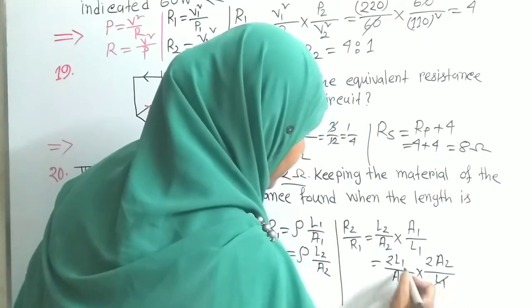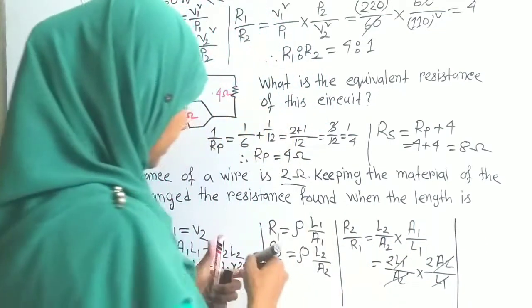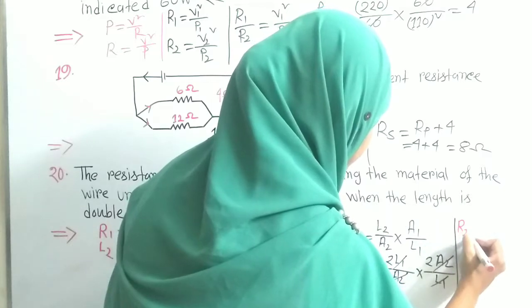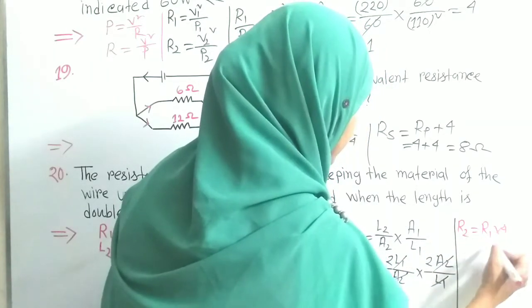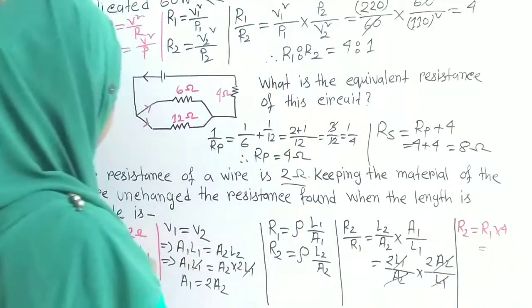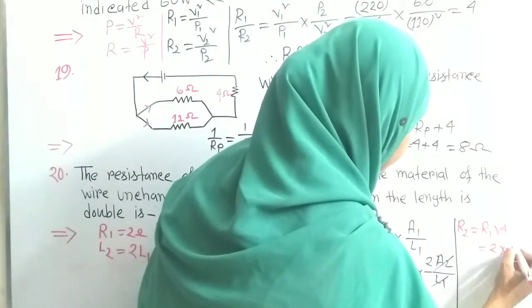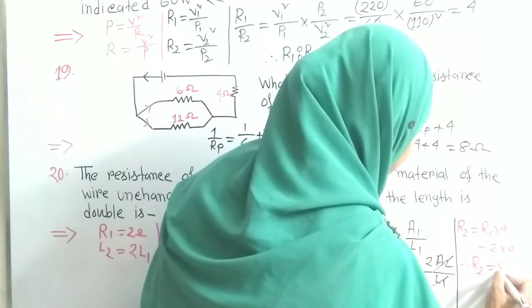So L1 and L1 cancel, A2 and A2 cancel, so we will get that R2 is equal to R1 into 4. Now the value of R1 is given here as 2. So we can write 2 into 4, or the final resistance will be 8 ohm.